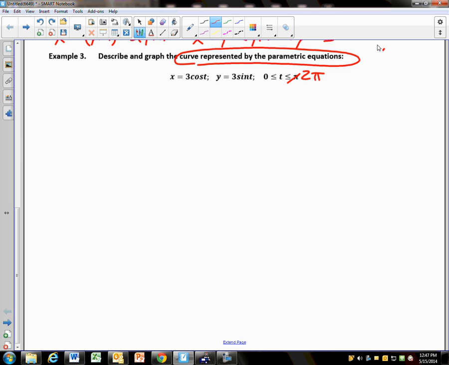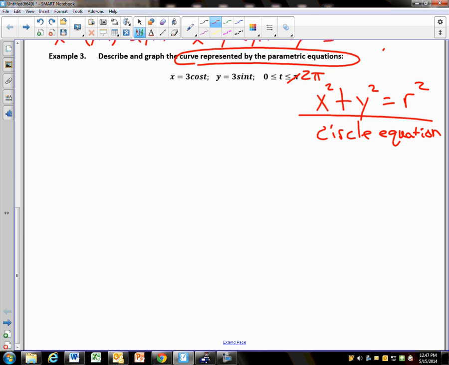Do you remember the equation for a circle as we learned it using x and y? That's the circle equation, right?